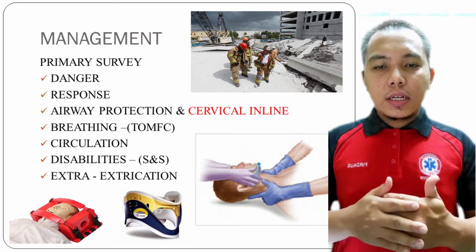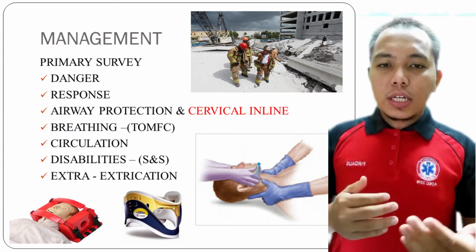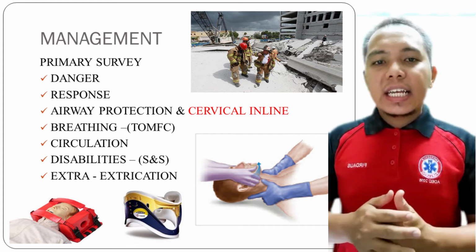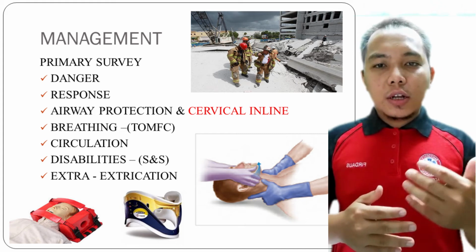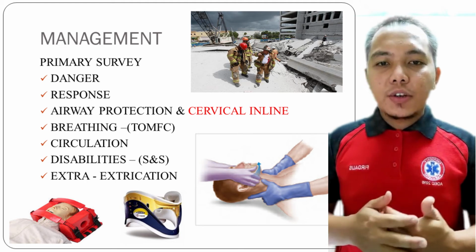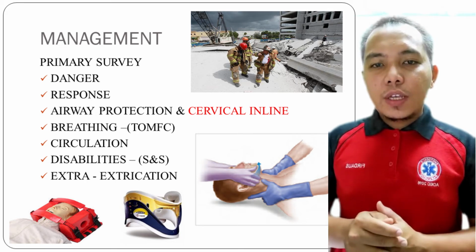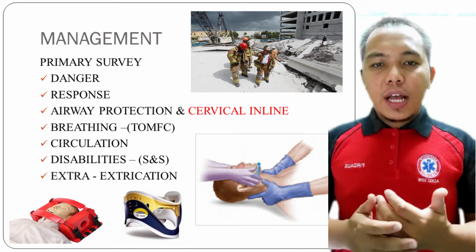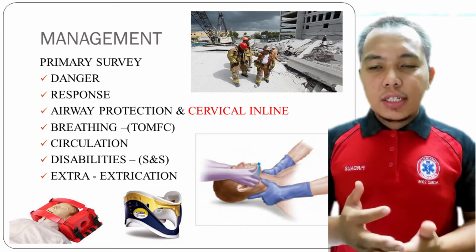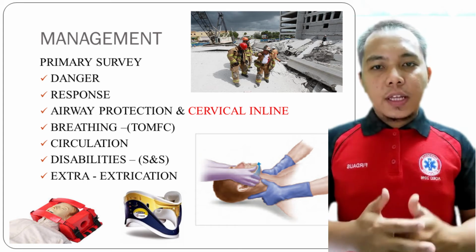From the NEXUS criteria, SPEED, or the Canadian Spinal Cord Injury Guideline, you can conclude whether the patient has any cervical spine injury. Then we evaluate other life-threatening conditions such as pneumothorax, cardiac tamponade, open chest wound, flail chest, or cardiac contusion.